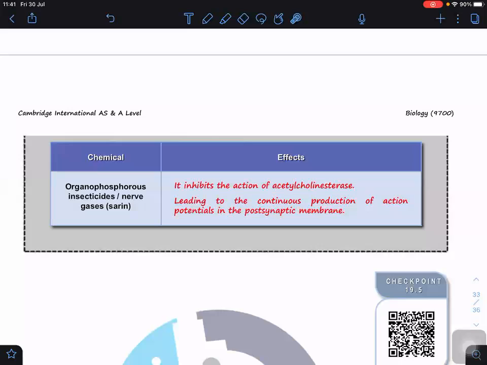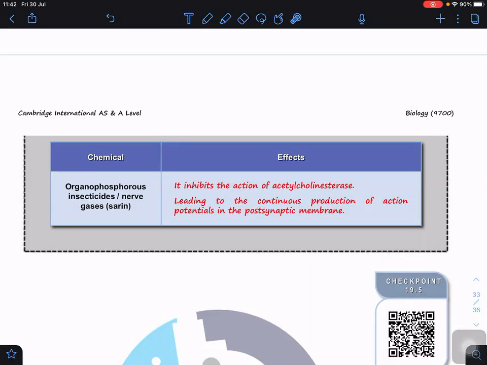And one of the nerve gases, sarin, has been used in terrorist attacks in a few countries. Syria is one of them. Another one is in 1988 in Tokyo, where terrorists used it in the subway station. And another example is in KLIA 2, where this VX nerve gas was used to assassinate Kim Jong Nam, the brother of Kim Jong Un, the North Korean president, if I'm not mistaken.